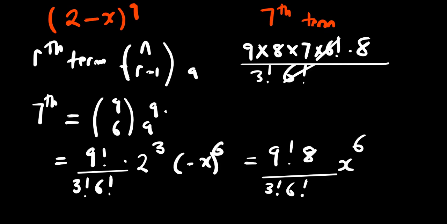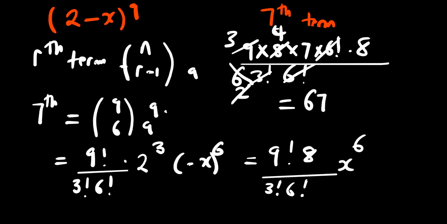The 6 factorial and 6 factorial divide. 3 factorial is 3 times 2 times 1, which is 6. Then 3 into 6 is 2, 3 into 9 is 3, 2 into 2 is 1, 2 into 8 is 4. Then my job is to multiply what is on top: 3 multiplied by 4 multiplied by 7 multiplied by 8. I'm getting 672.